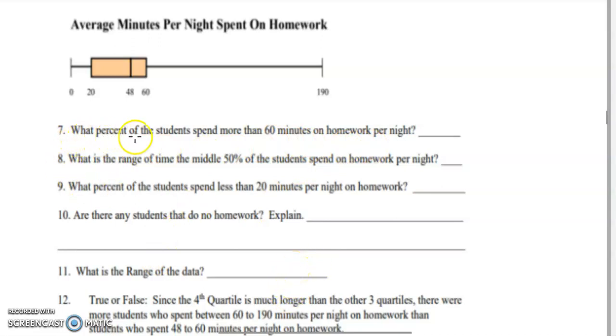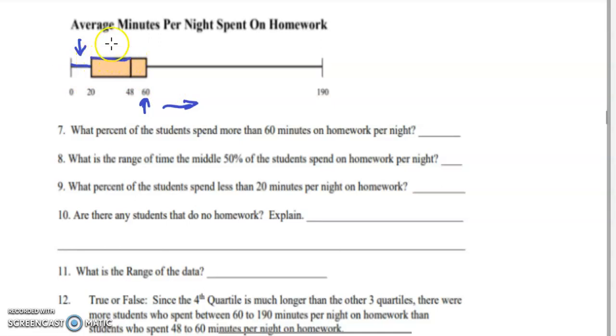Okay, so what percent of the students spent more than 60 minutes on homework per night? Okay, so this is average minutes, so let's find 60. Where on this graph does it show the students that spent more than 60 minutes? Well, everything from 60 up to our maximum. And if we remember, that stretch of our graph here is 1/4 of our data.